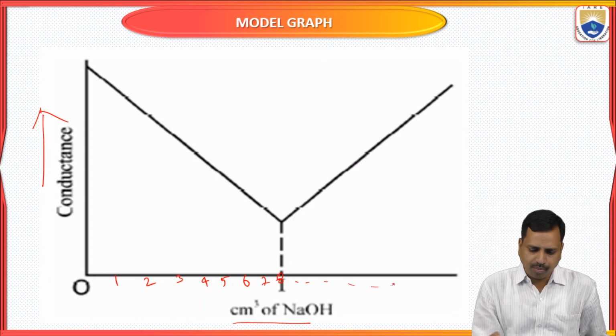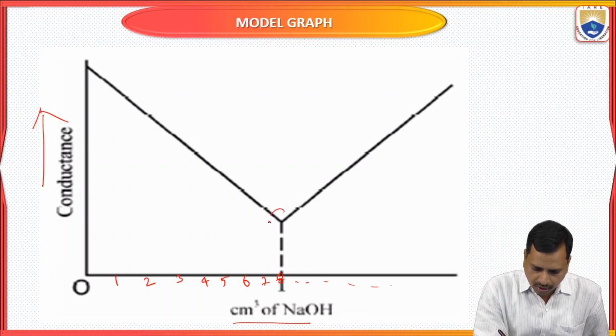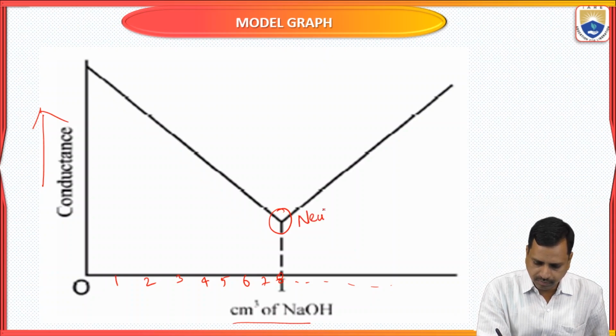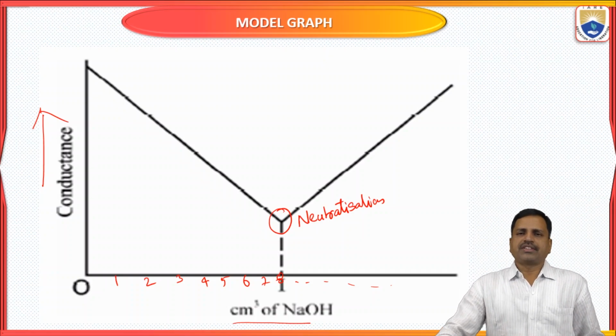If you plot the graph, you will get a V-shaped graph. This is called the neutralization point.